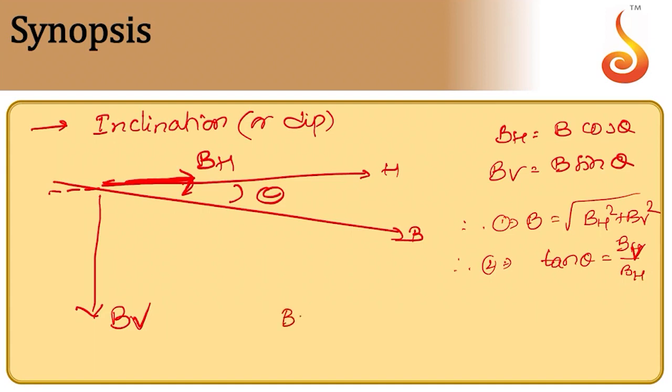And remember, BH is 0 at poles and maximum at the equator. These ideas are to be kept in mind clearly as far as terrestrial magnetism is concerned.